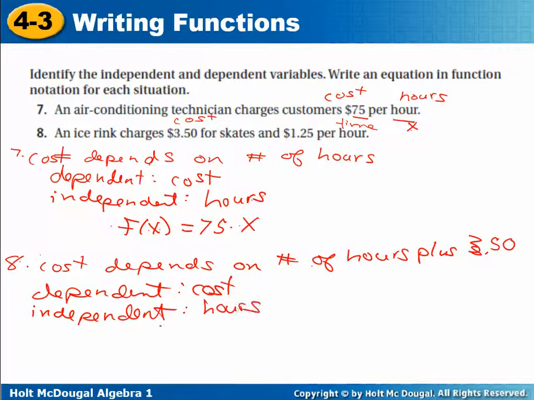Now we're going to write our equation in function notation. That just means use f of x instead of y. All right, so I have to pay $3.50 right away to get the skates. Then, if I skate for 1 hour, it would be $1.25 more. If I skate for 2 hours, it'd be $1.25 times 2. So I'm going to put my x right here. $1.25 times however many hours I skated plus the $3.50 to get the skates. So that's your equation for number 8.